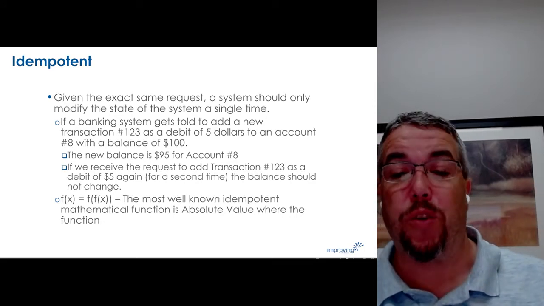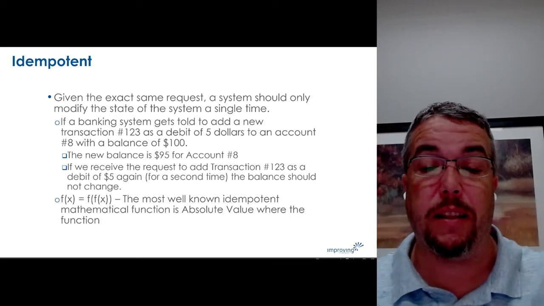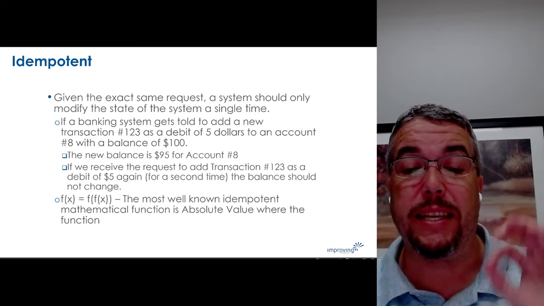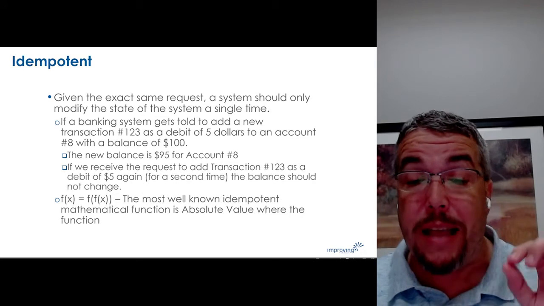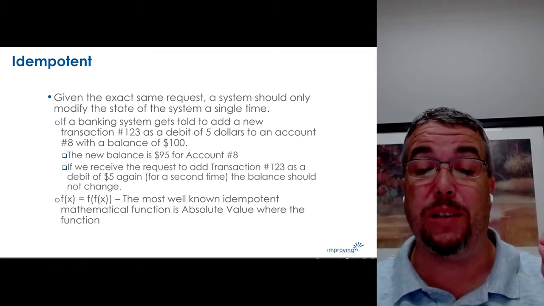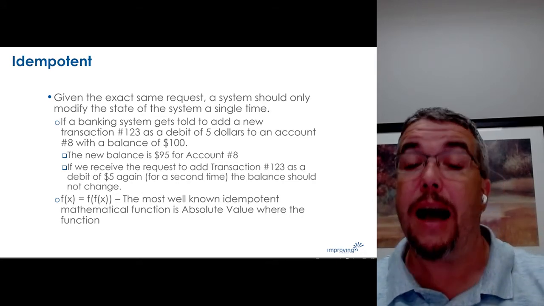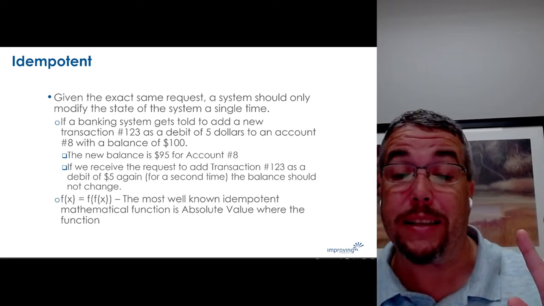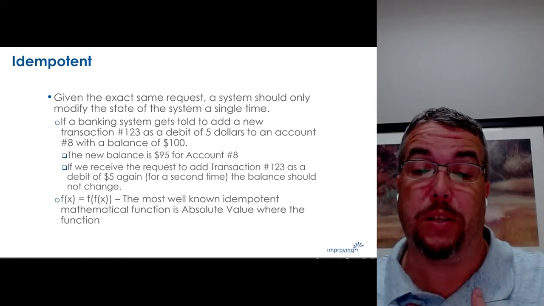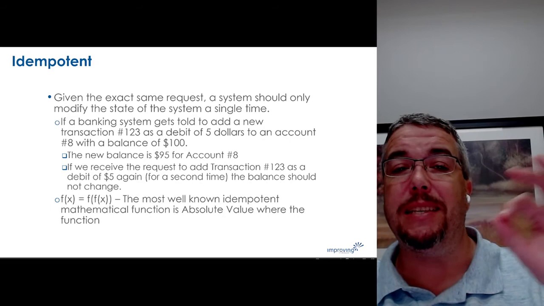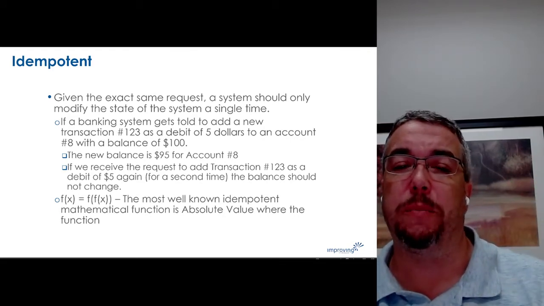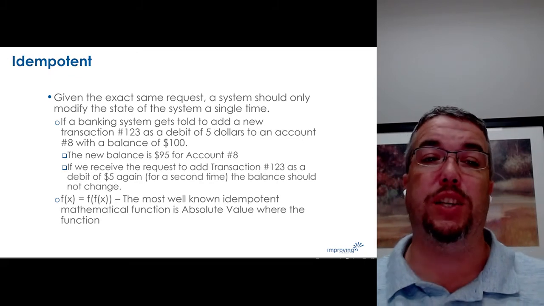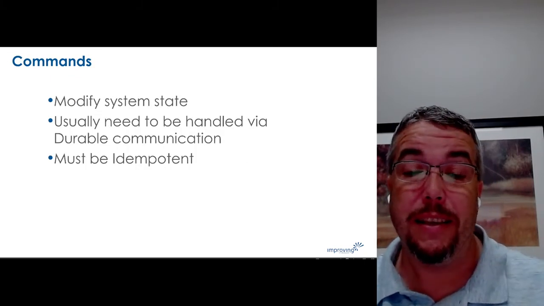We want contracts that we can tell our consumers, you can count on the fact that my system is idempotent. If you ask me to do the exact same piece of work multiple times, I'll acknowledge your request, but I won't actually do the work multiple times. This is a truly critical piece when we're looking at distributed systems. And it's hardest to do on commands.